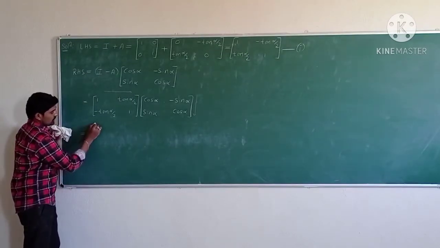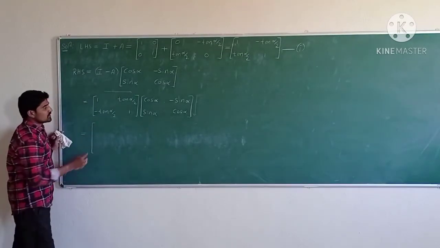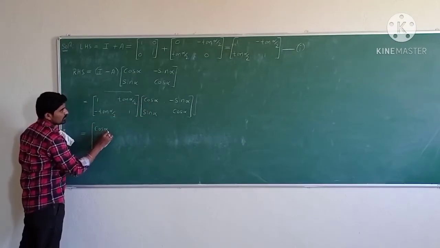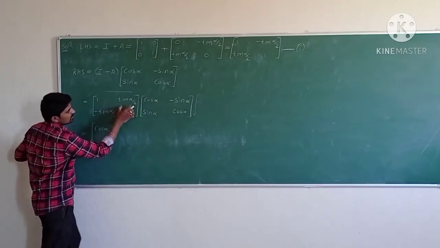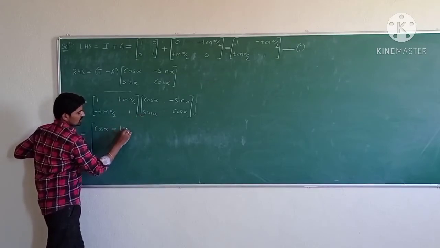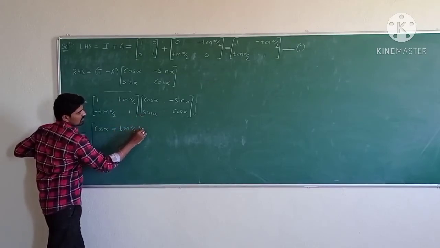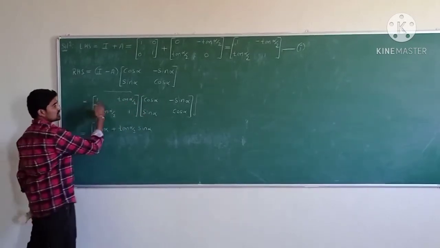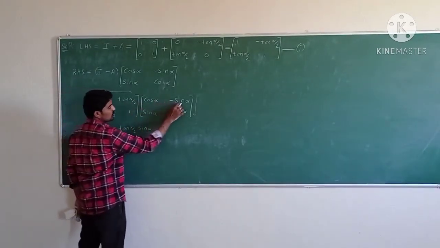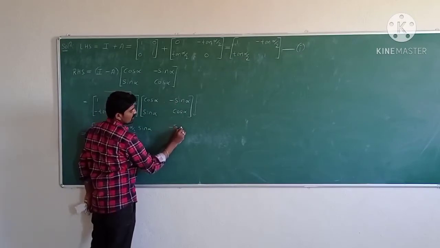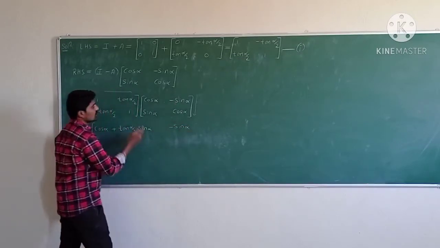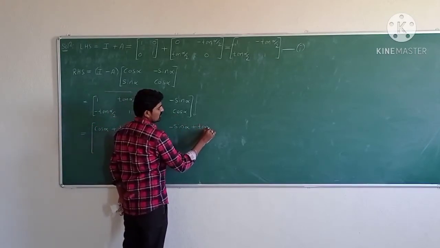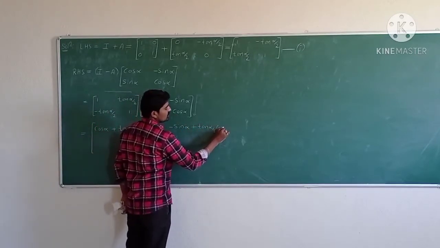Which is equal to first row first column, 1 into cos alpha plus tan alpha by 2 into sin alpha. So first row first column completed. Next first row second column, 1 into minus sin alpha plus tan alpha by 2 into cos alpha.